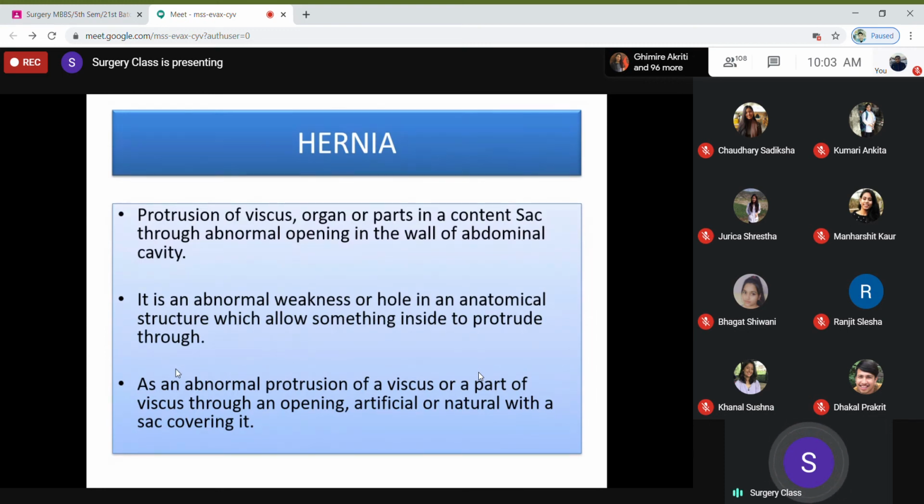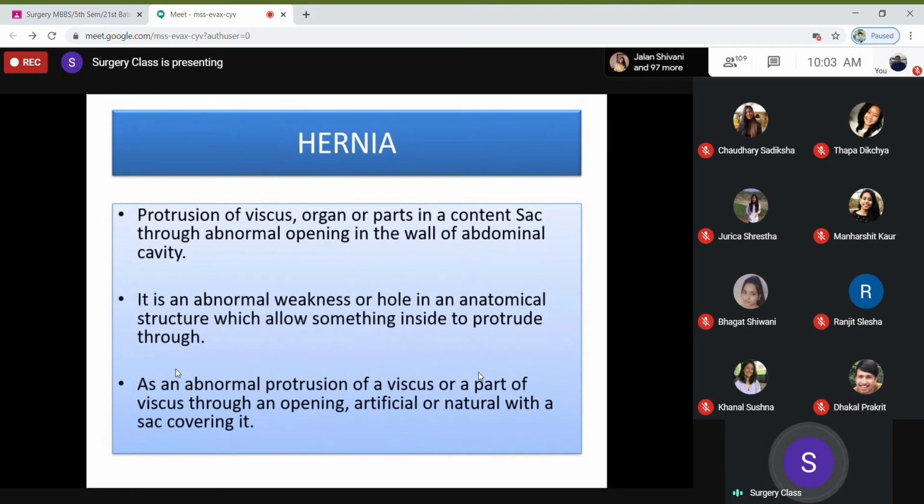In that sac, you can have any viscus or organ inside. Similarly in the umbilicus, if the umbilical fascia doesn't close by itself during development of the baby or during delivery, the peritoneum will come out from the defective umbilical sheath or opening, and there might be a hernia.